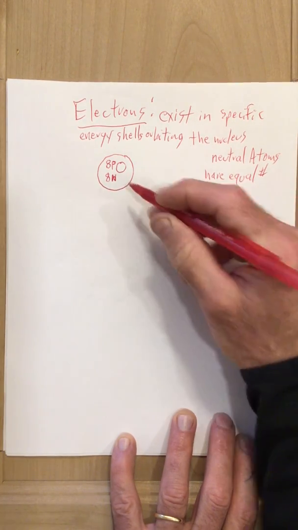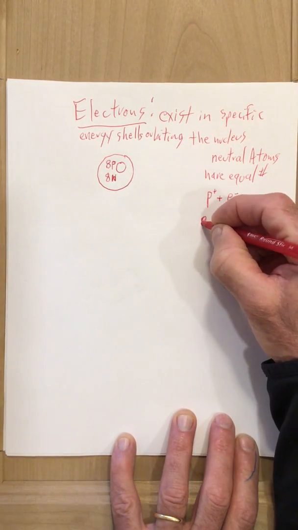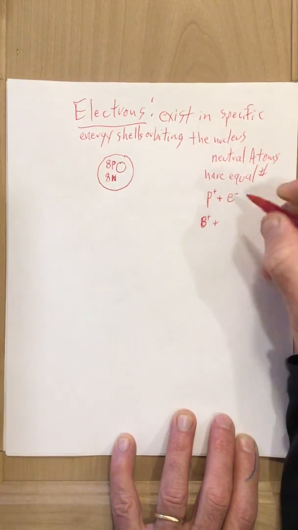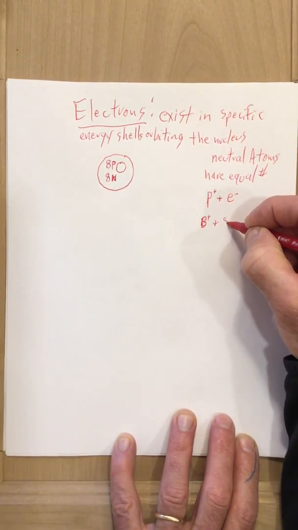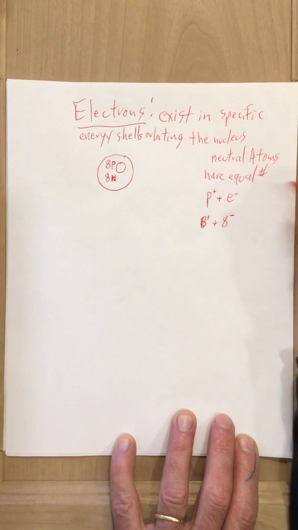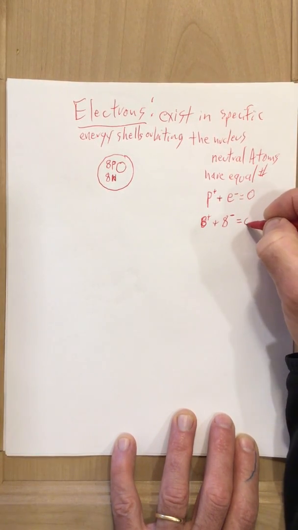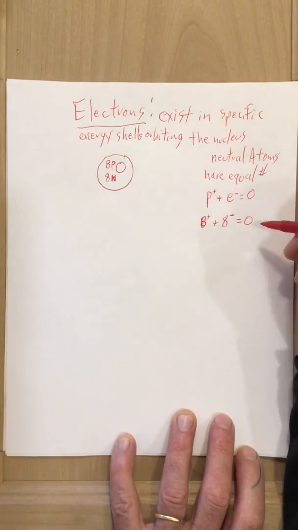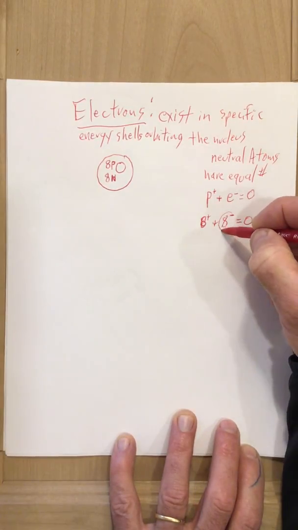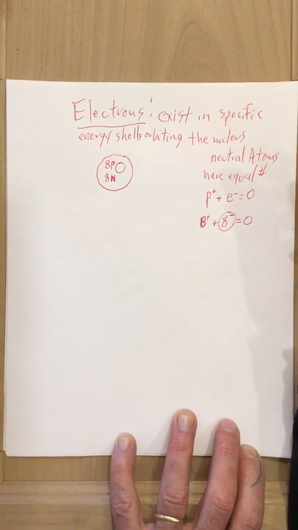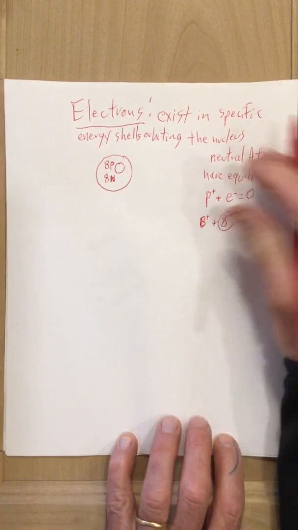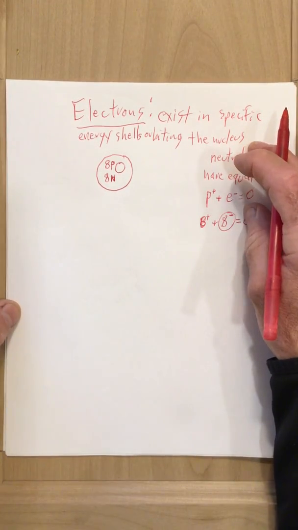So if I have 6, well, now I guess we're doing oxygen, 8 protons, and I match that with 8 electrons, the overall charge should be 0, right? So what we're going to do is figure out, where do I put these 8 electrons?